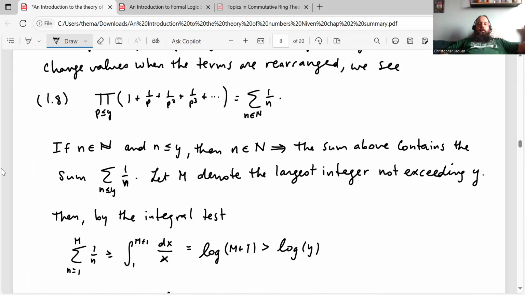Let M denote the largest integer not exceeding y, then by the integral test.